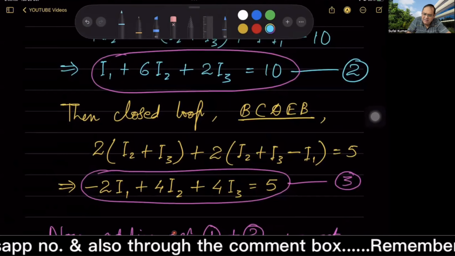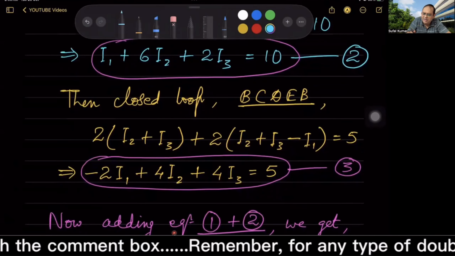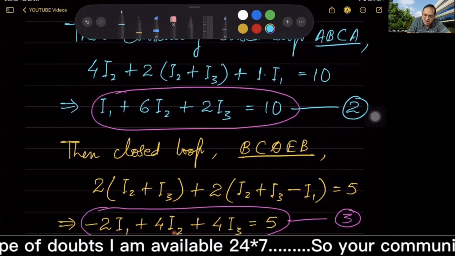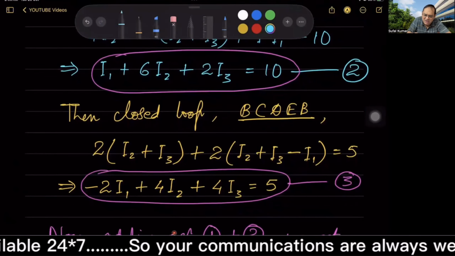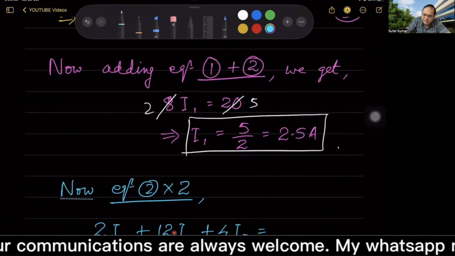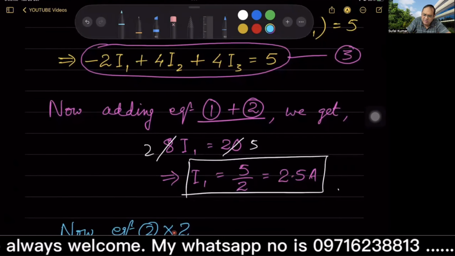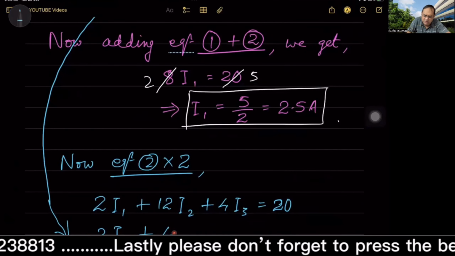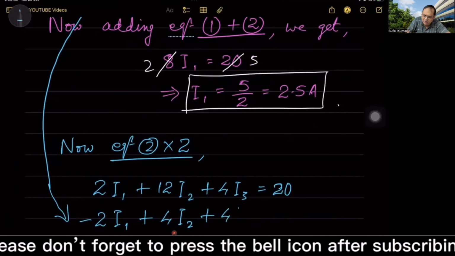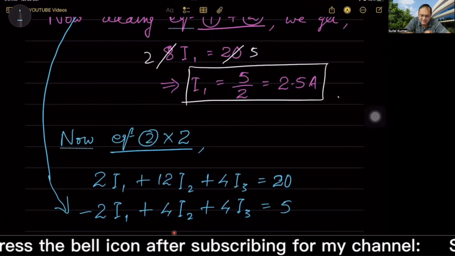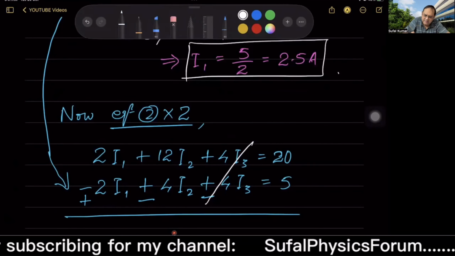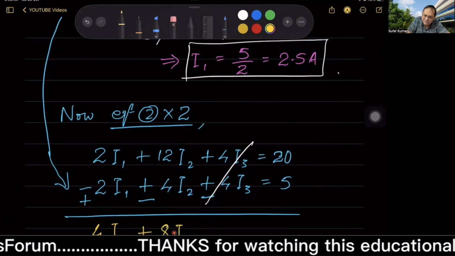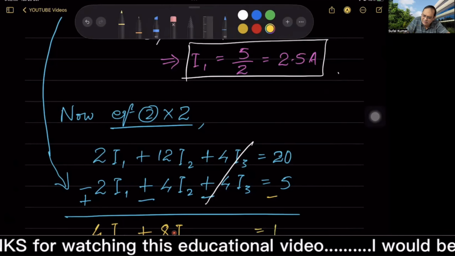Now equation number 2 multiplied by 2, we have 2I1 plus 12I2 plus 4I3, and equation number 3 is minus 2I1 plus 4I2 plus 4I3. Now subtracting these two, I3 cancels, then 4I1 plus 8I2 is equal to 15.